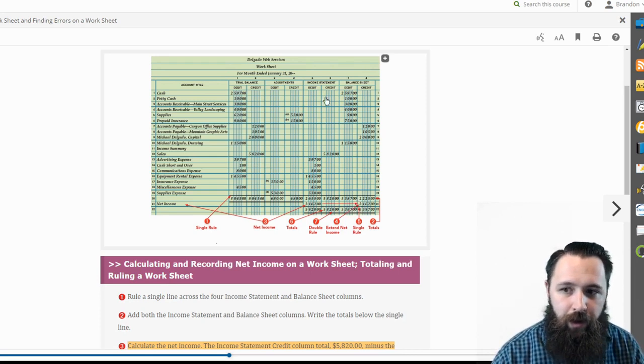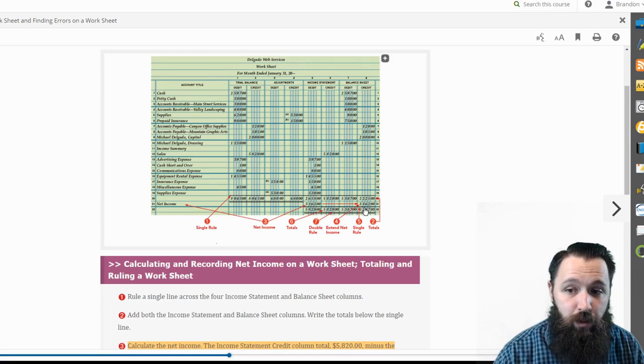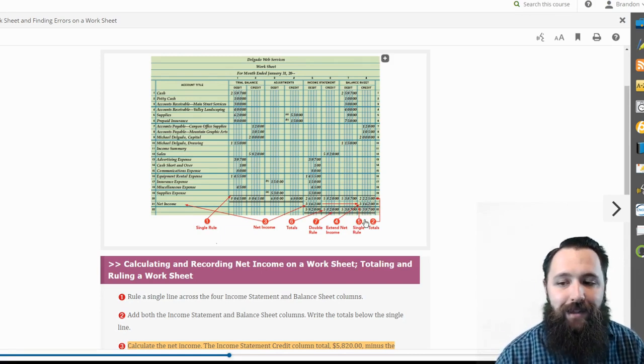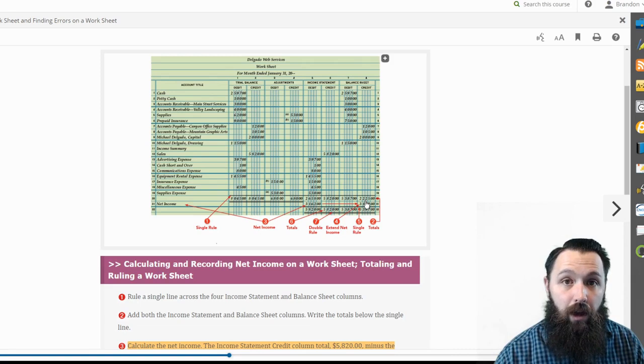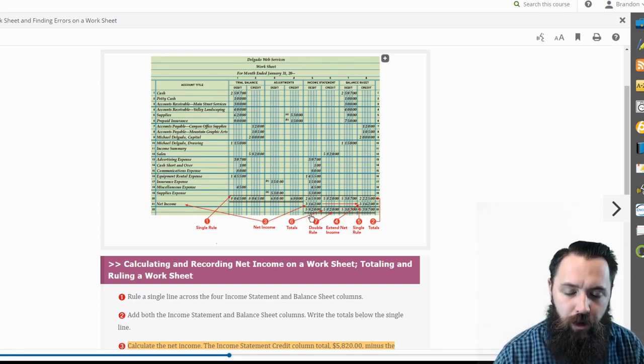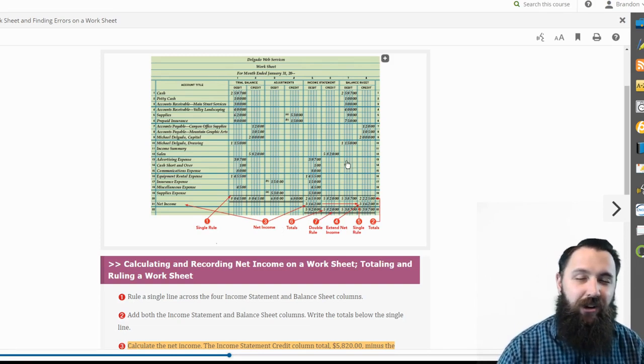There's nothing to add to it. But the credit amount, 2,225 plus our net income of 3,162 will be 5,387. So our balance sheet debit and credit columns will now match, and so will our income statement debit and credit columns. Once we find that they match, we do a double rule line underneath that.